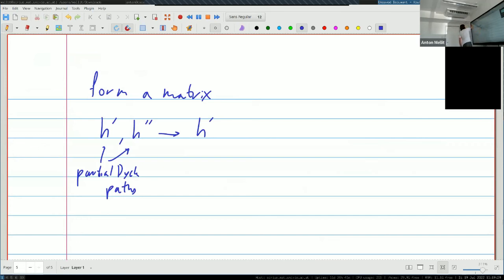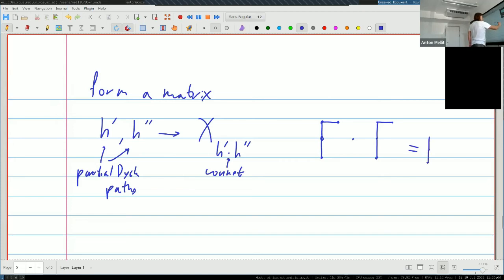And then we take the corresponding chromatic symmetric function. So you connect these two. For example, if you had some path like this, and then you have another path like this, then you connect them together, and then you obtain this is the first part, and then the second part.